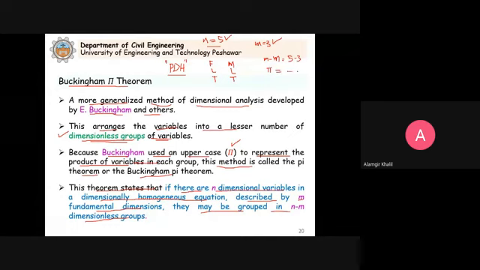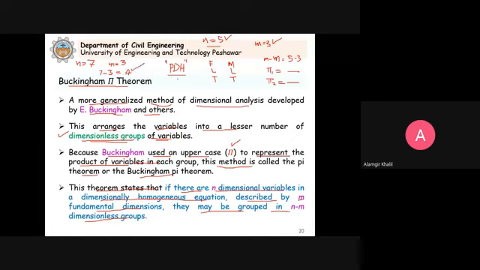One will be pi 1 and the other will be pi 2. If in any problem you have n equal to 7, and all of the fundamental dimensions are present, m will be 3, so 7 minus 3, it means there will be 4 pi groups you need to make, pi 1, pi 2, pi 3, and pi 4.